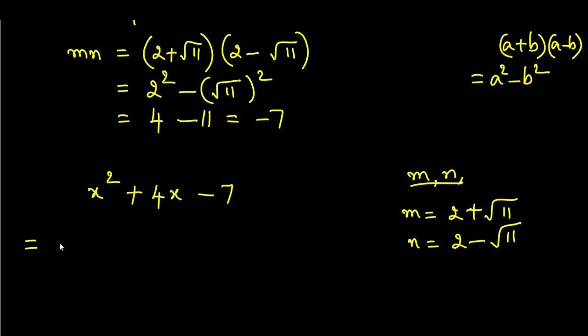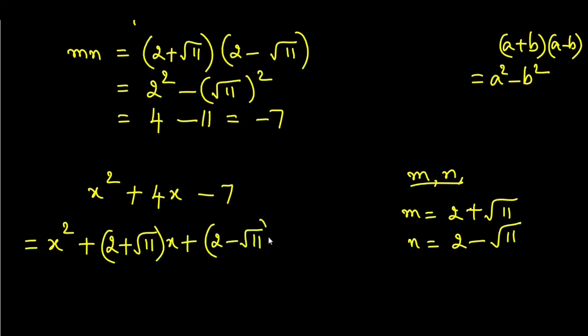So this can be written as x square plus (2 plus root 11)x plus (2 minus root 11)x minus 7.